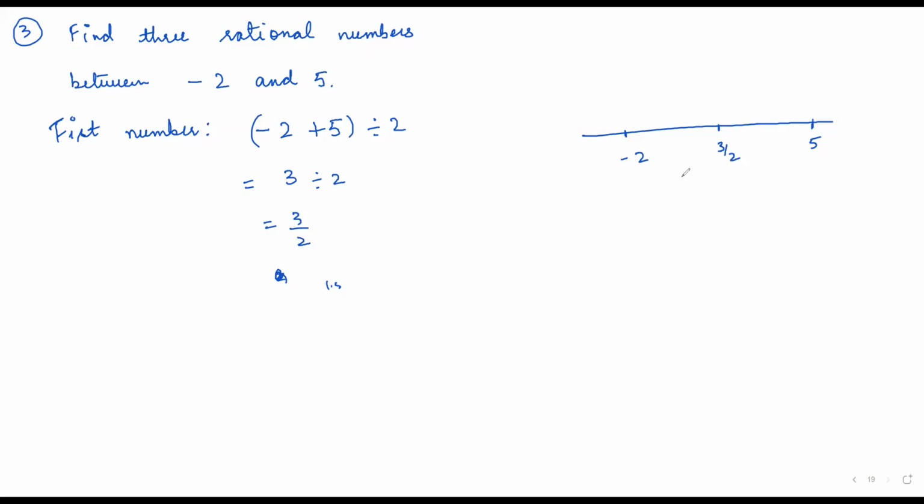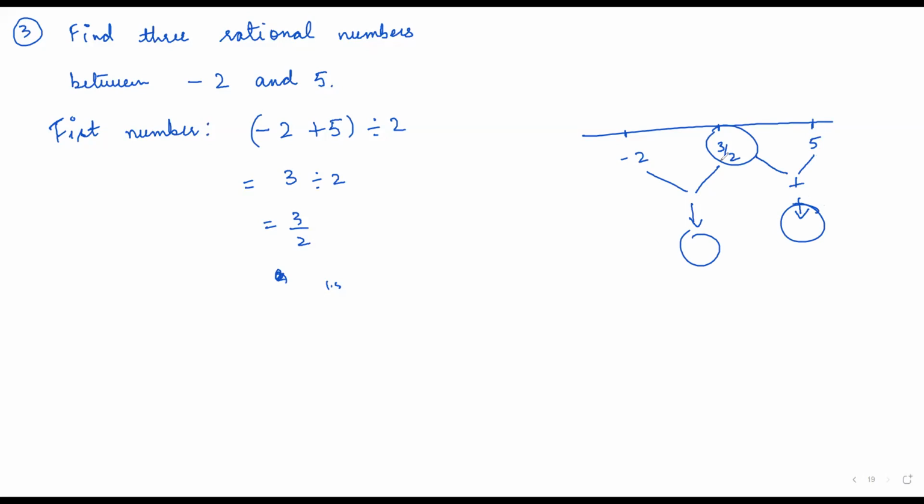Now, if I again add these two numbers and divide by 2, I'll get a number between these two, right? And also if I add these two and divide by 2, I'll get a number between these two. So ultimately all these numbers come between -2 and 5, isn't it?